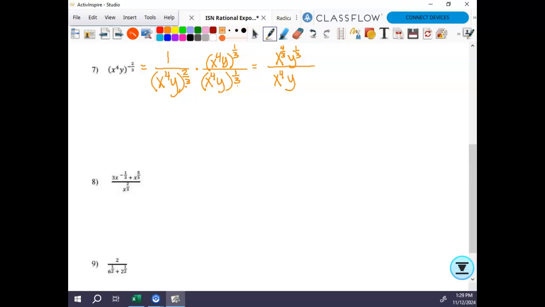Okay, now can I simplify the numerator a little bit? I can simplify the x, right? So if this is x to the 4/3, how many times does 3 go into 4? Once. With how much left over? 1, so x to the 1/3, because there's 1 left over, times y to the 1/3 over x to the 4th y.